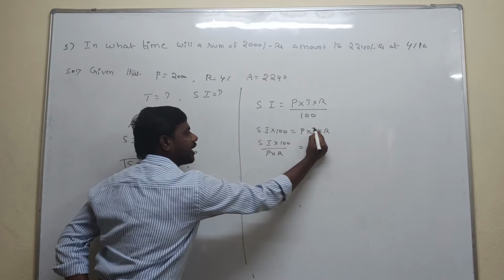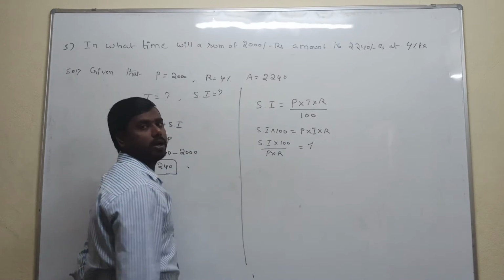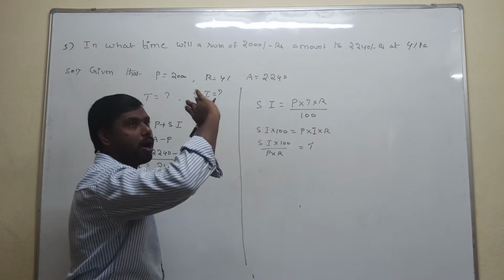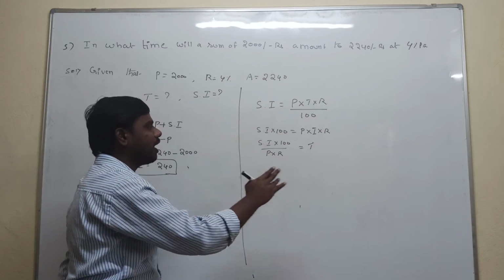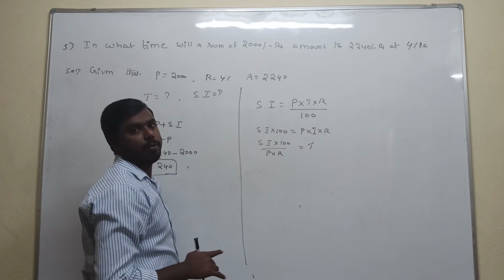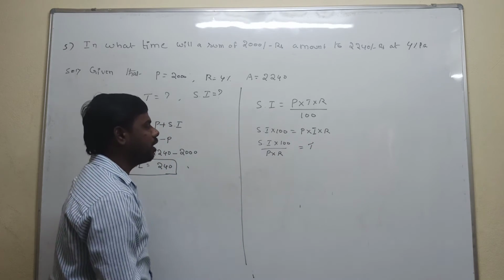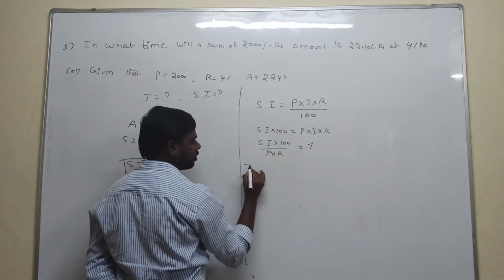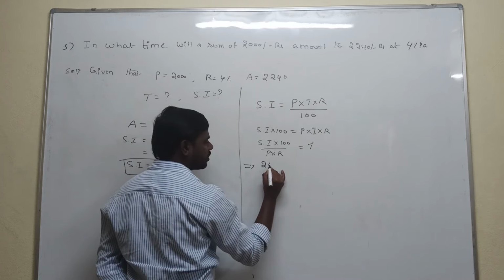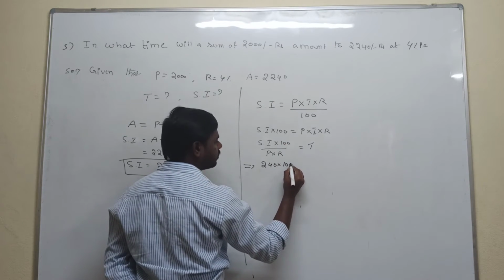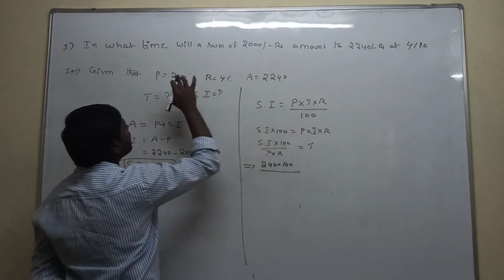They are asking to calculate time, so what is extra? PR. PR from the RHS numerator goes to the left hand side denominator. Now we substitute the values. The simple interest value is 240 rupees. So 240 into 100 divided by the principal amount here.